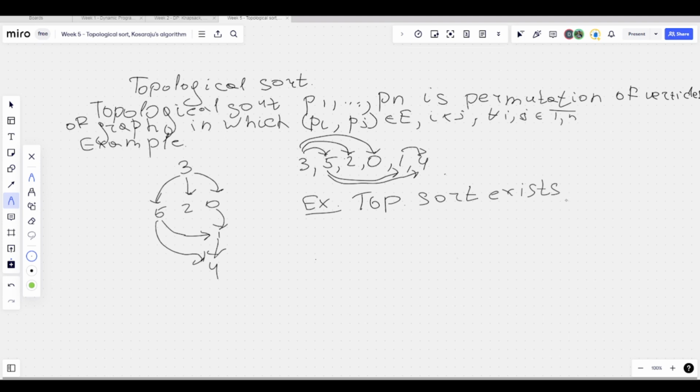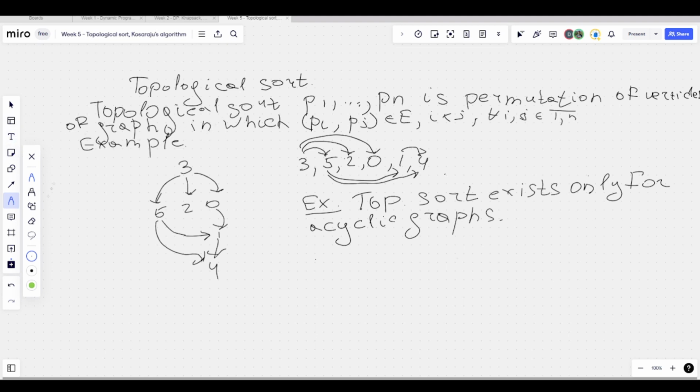Topological sort exists only for acyclic graphs. Of course, we consider only directed acyclic graphs in this.